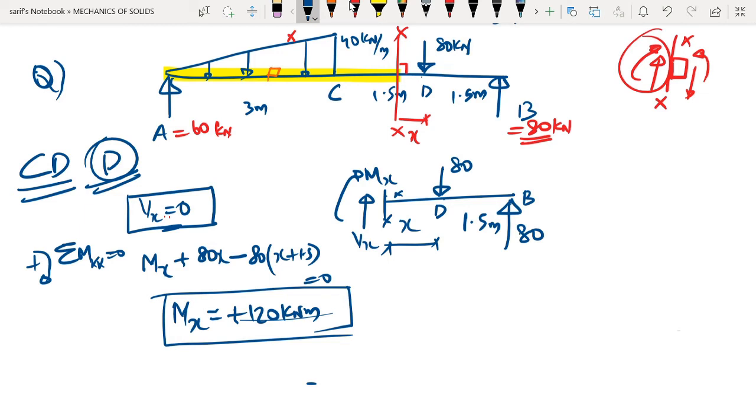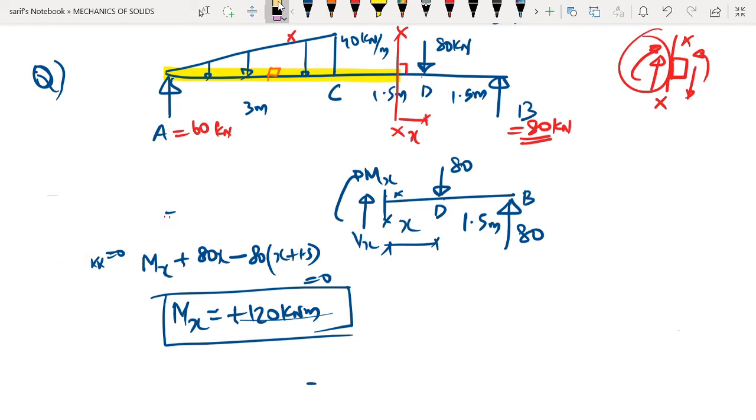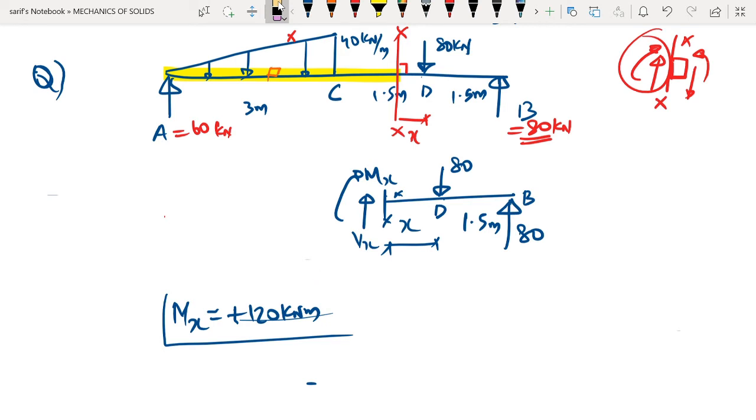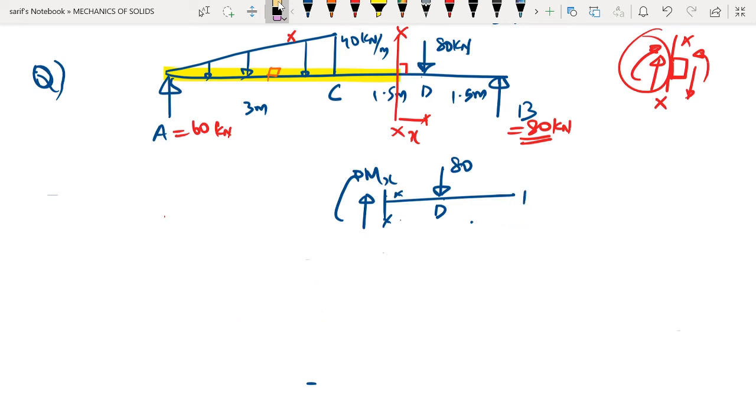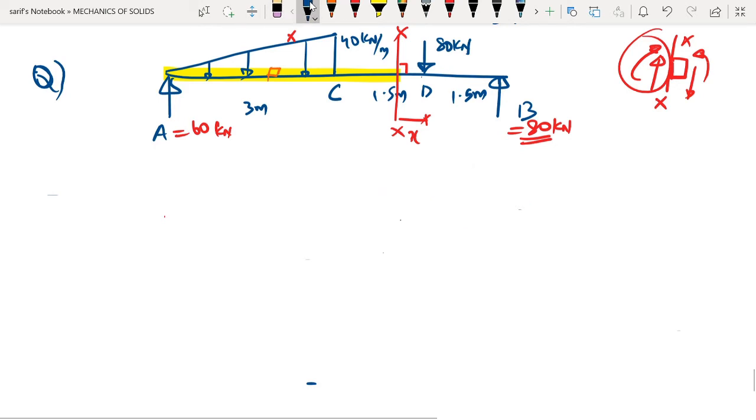Now the next point that we will consider is the region DB. That is the third region we have to consider. So how will we consider the region DB?